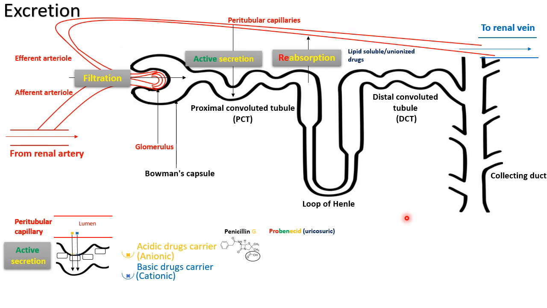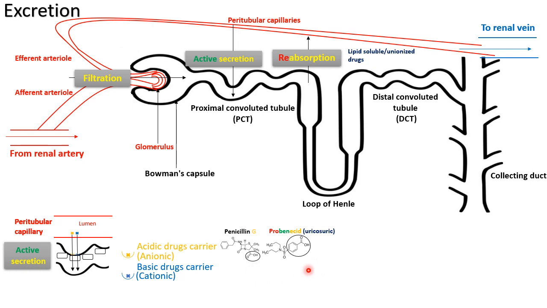Penicillin G is an acidic drug. We can see here the carboxylic acid in its structure. And probenecid is also acidic, and we can see here the carboxylic acid functional group. So they are both acidic.